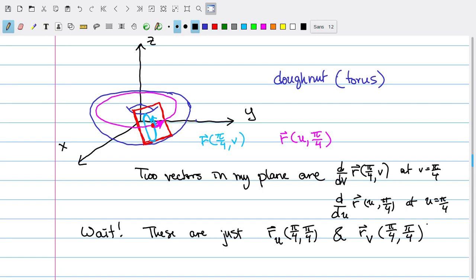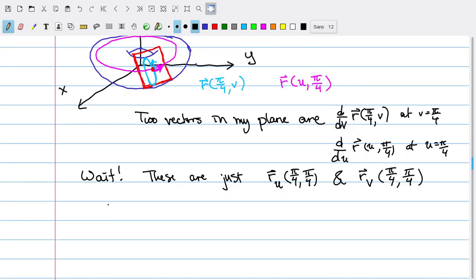If I've got two vectors in my plane, I know a good way to get the normal vector of the plane. What can I do? I feel like this is on Blue's Clues. What should I do? I should take the cross product, right? So let's take the cross product of those two and get a normal vector. And that'll just be r sub u cross r sub v.